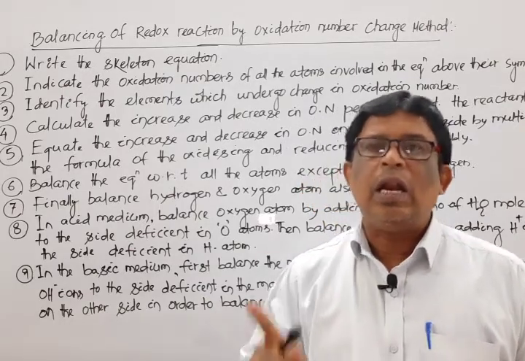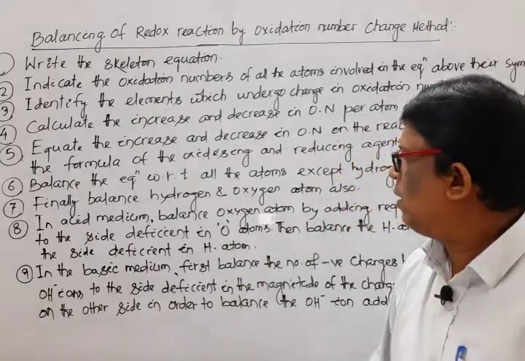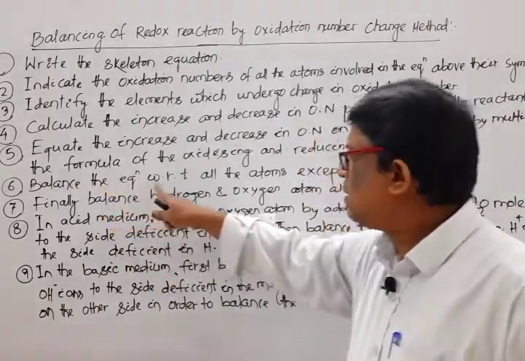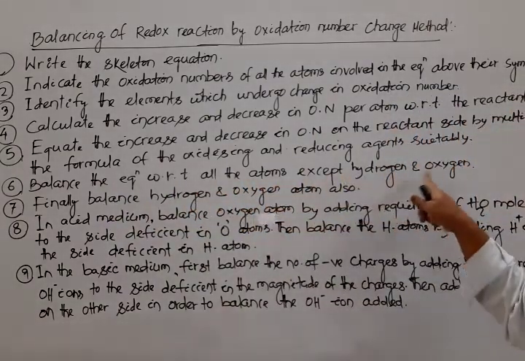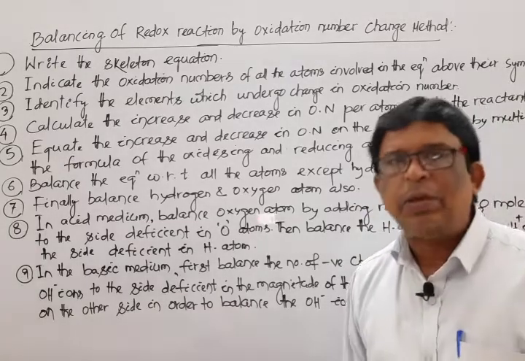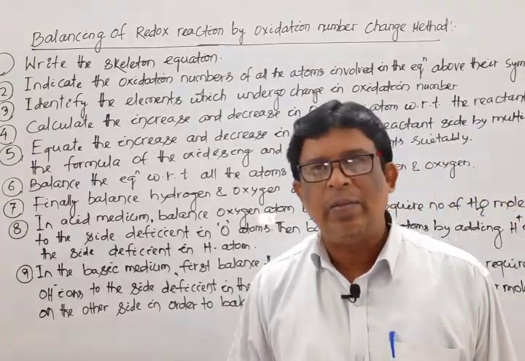That means total loss of electron is equal to total gain of electron. Next point, balance the equation with respect to all the atoms except hydrogen and oxygen. Except hydrogen and oxygen, balance all the other atoms by hit and trial method.